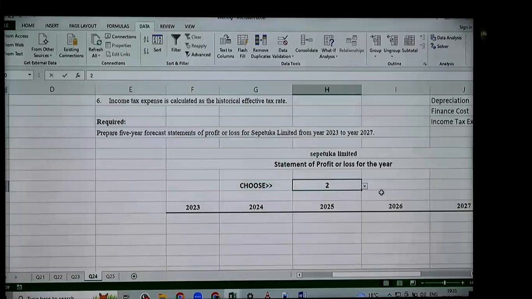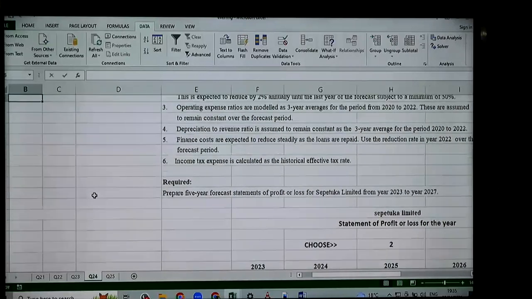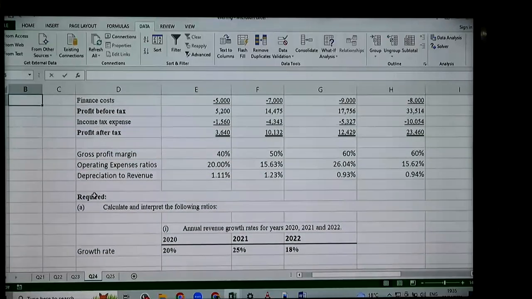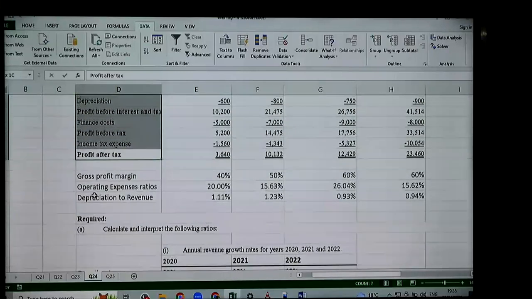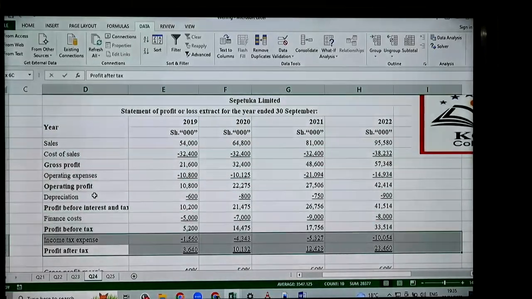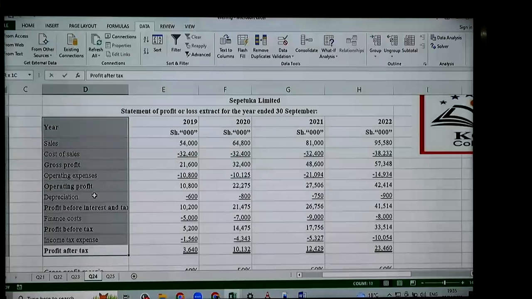Yeah. So we'll go straight forward and prepare our forecasted income statement. And because the forecasted income statement will be more or less similar to what you are provided here, I'll not be writing the values again. So I'll press Shift here. Up to here.